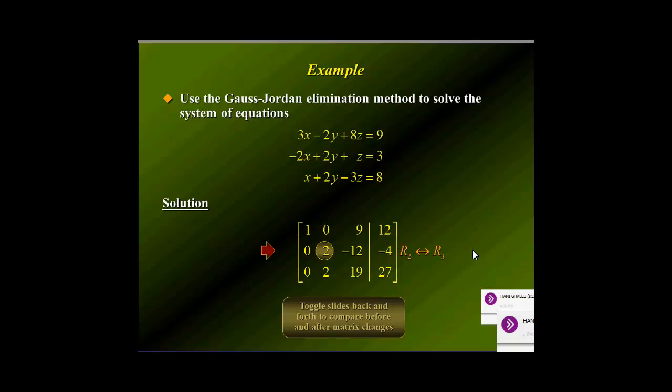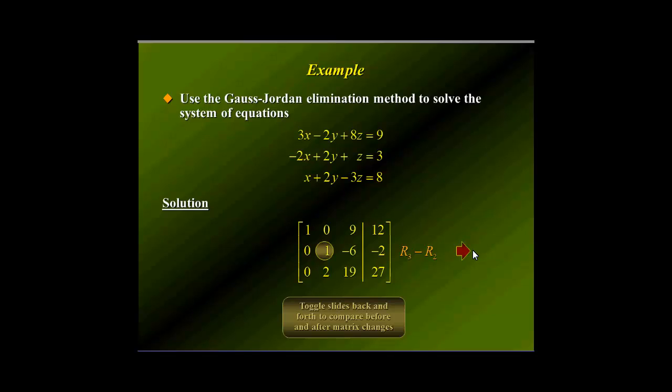I will replace row 2 by row 3, and now I will divide row 2 by 2. When I divide row 2 by 2, it will be 1. And now next, in row 3 there is a 2, and in that place I want a 0. So I will subtract these two things, then it will be 0.